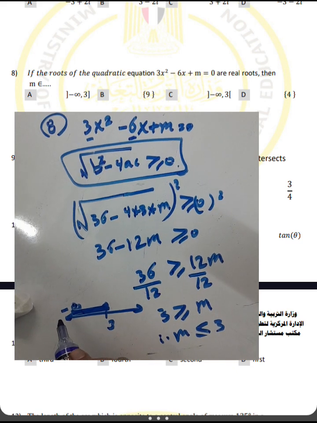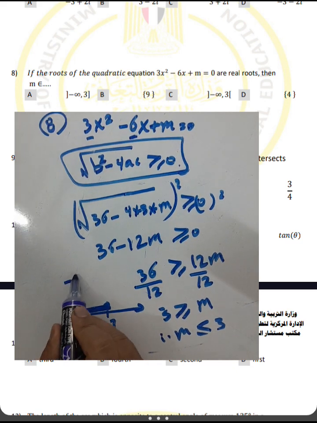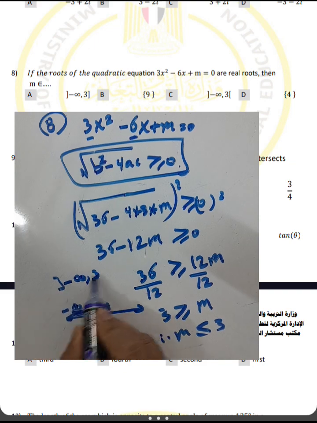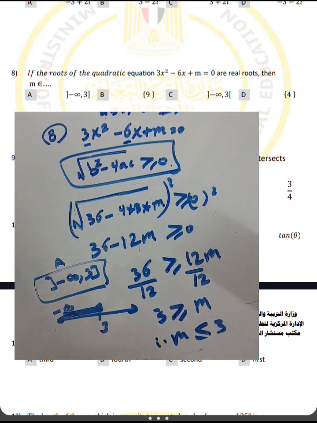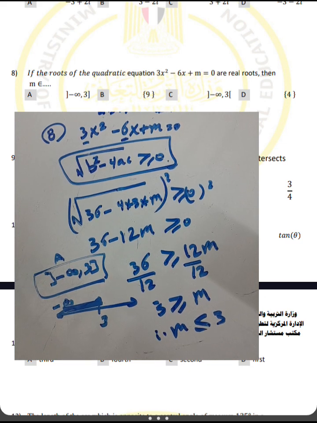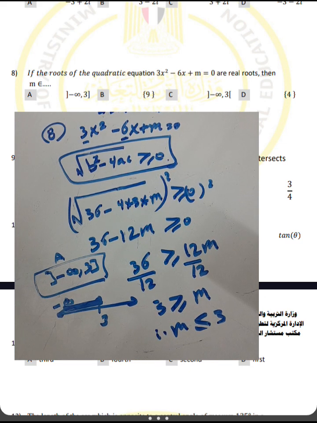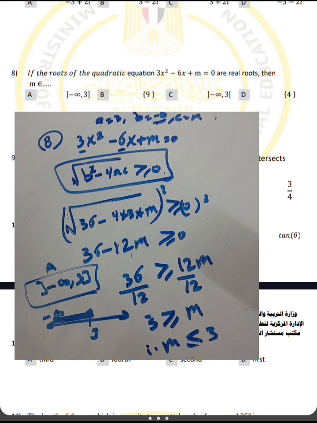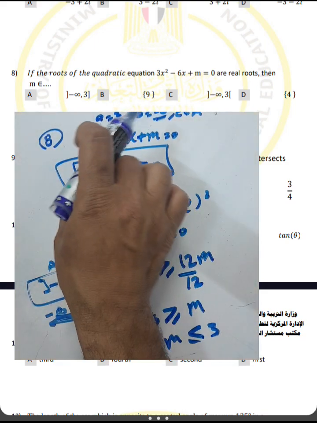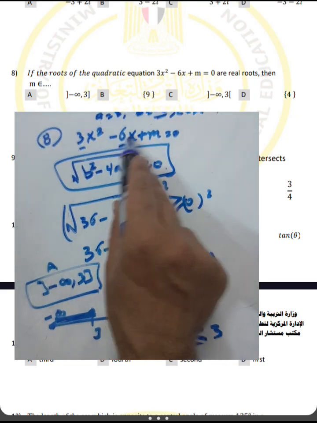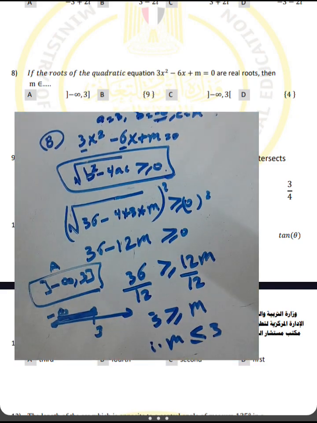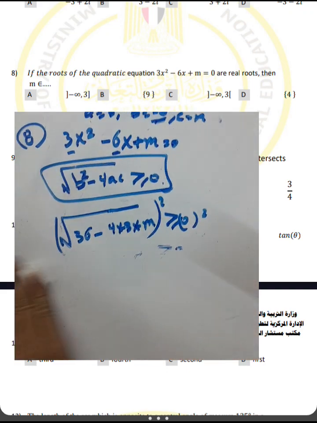Then the interval will be letter A, from negative infinity to 3 closed. Choose letter A because the question tells us the roots of the quadratic equation are real roots. Real roots means the square root of b power 2 subtract 4ac is greater than or equal to 0, with a equal to 3, b equal to negative 6, and the constant c equal to m. Choose letter A.